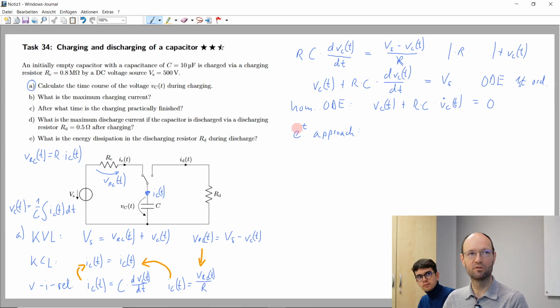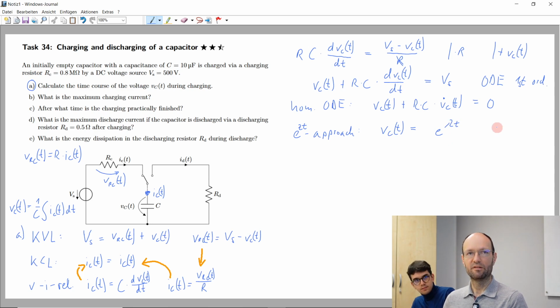So we need to put something in front, like a lambda, that cancels the unit of the time. That's the idea. And so we will use this e to the lambda t approach and say our voltage as a function of time is e to the lambda t.